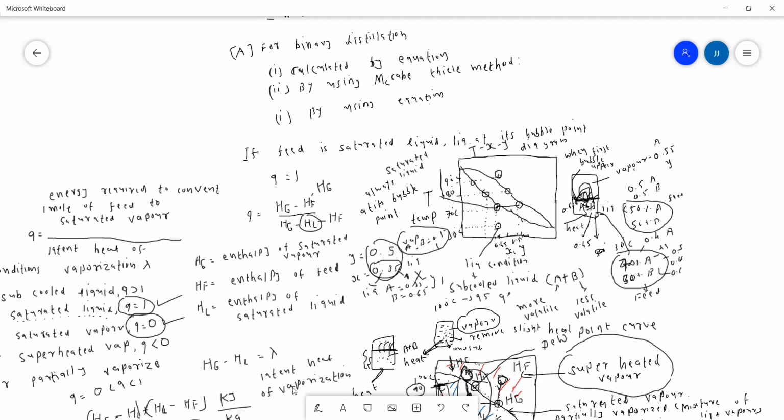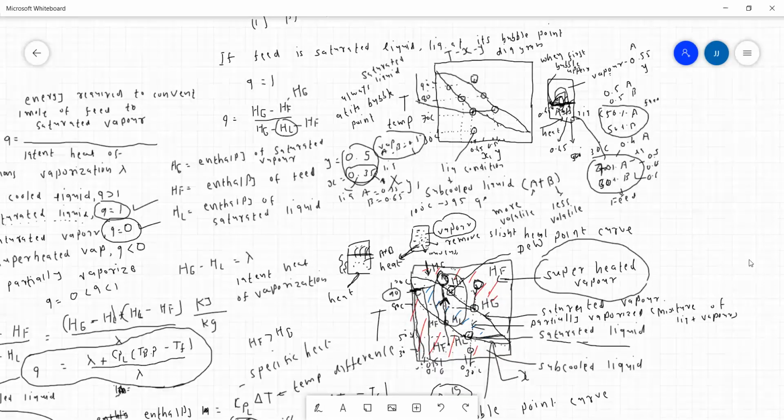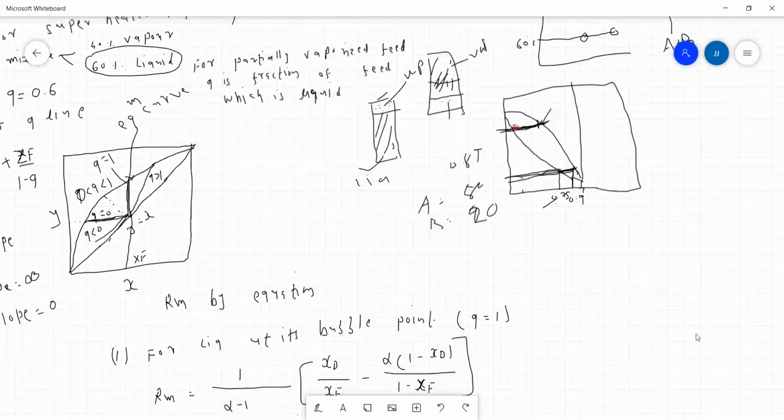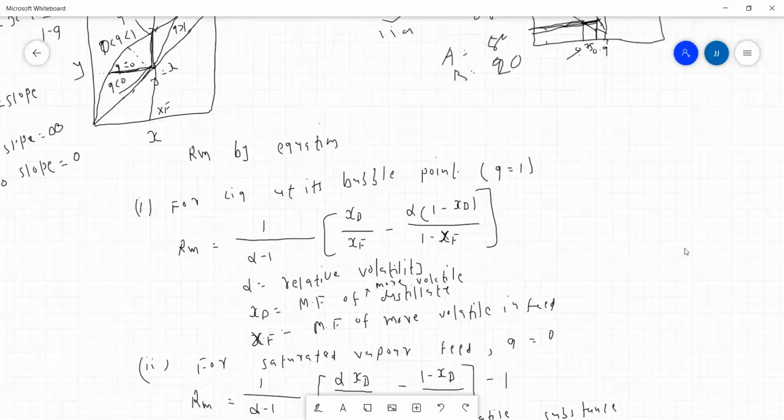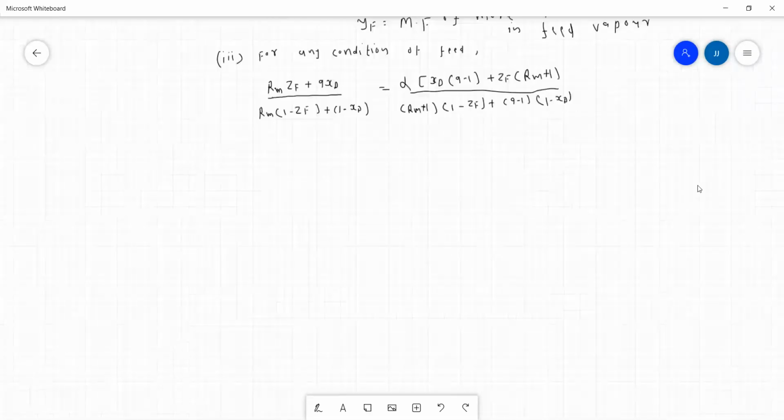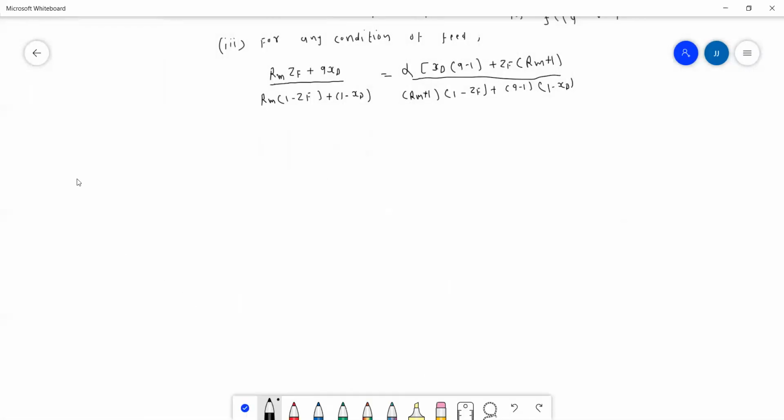Second, by using the McCabe-Thiele method, this is the calculation of RM by the McCabe-Thiele method.